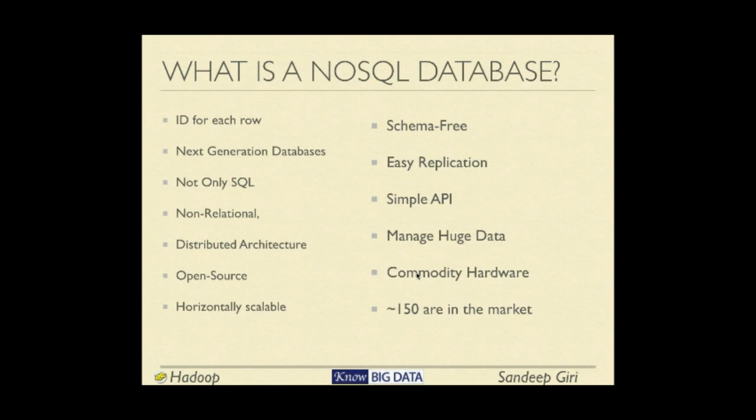Key value ones are the most popular ones. The first one out of all of these NoSQL is DynamoDB. Amazon has moved away from DynamoDB now. Then MemcacheDB. Redis is, yes, a key value store, but Redis has one more property: it is an in-memory database.